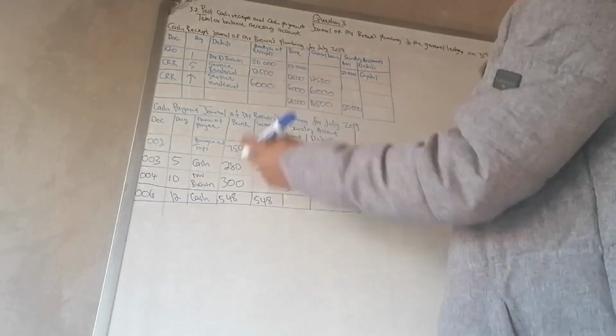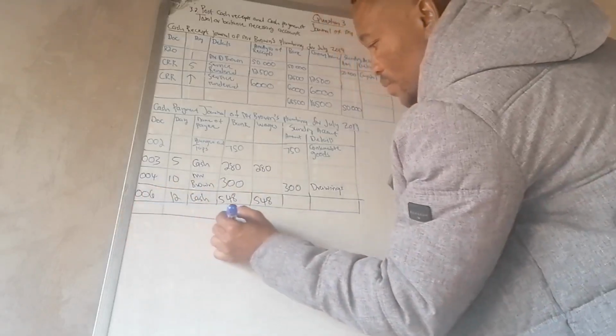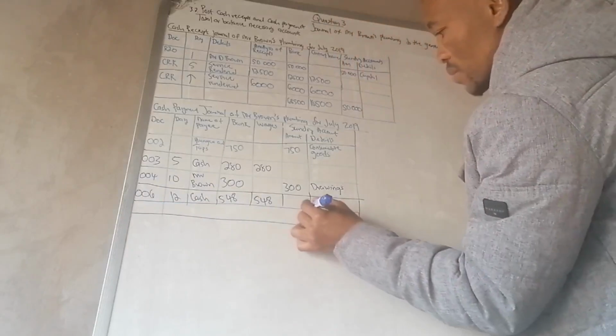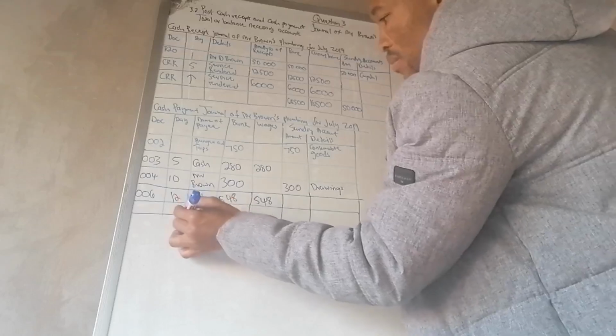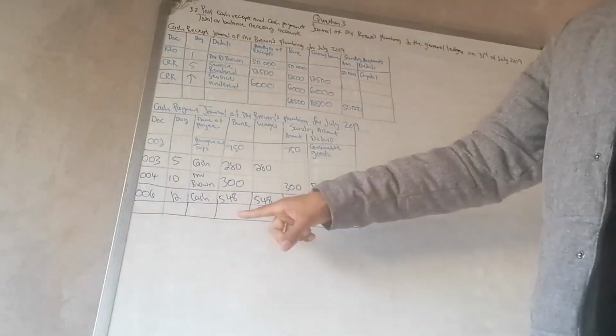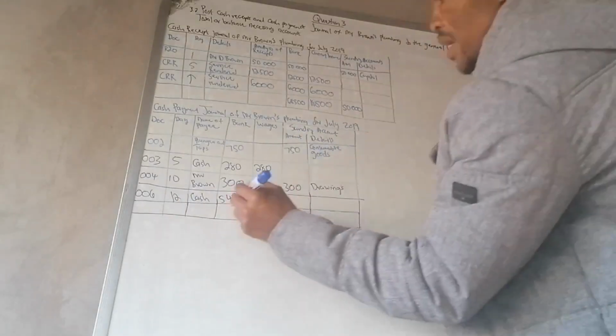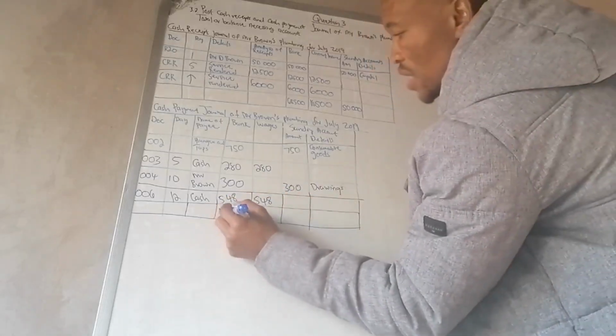And then the totals for this would be as follows. So we know the bank total amount is 1,878.